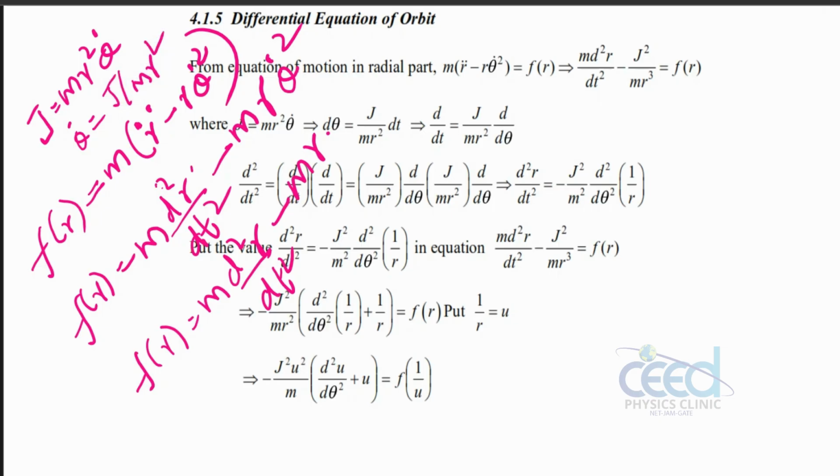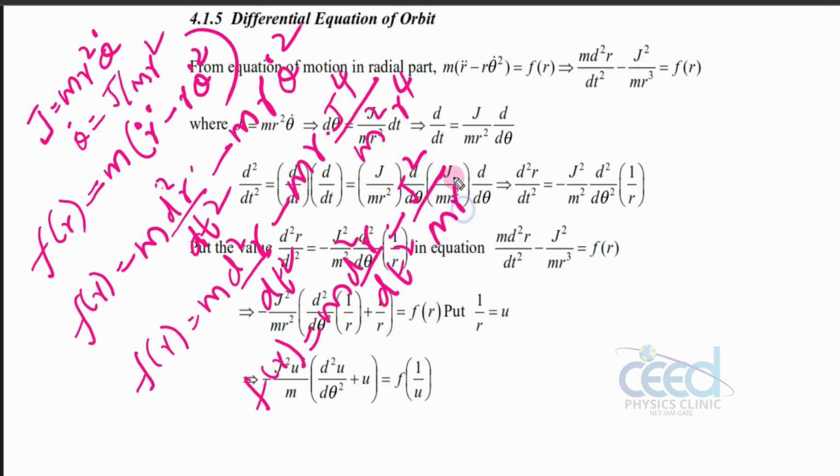So theta dot square is J square by m square r to the power 4. Now f of r finally I can write as m d square r by dt square minus J square by m r cube. This cancels r, so this is very important.